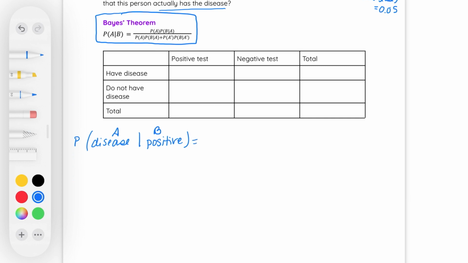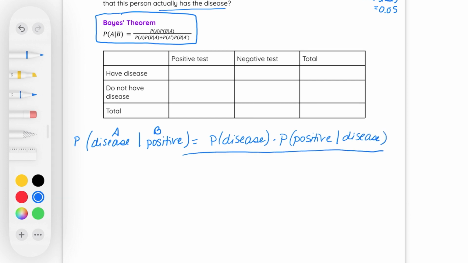So it says we need the probability of A, the probability of the disease, times the probability of testing positive given that we have the disease, all over the same sequence.